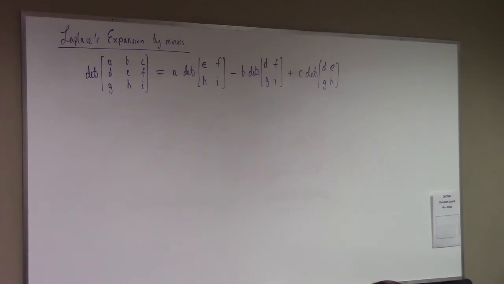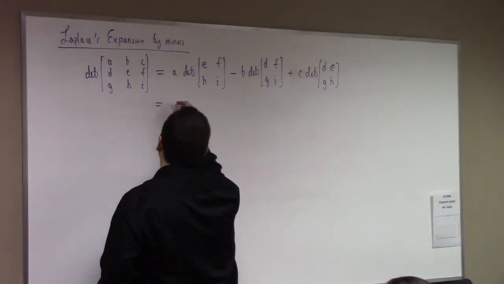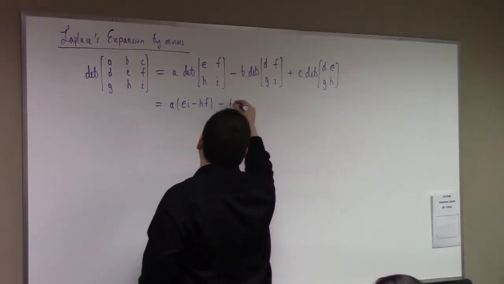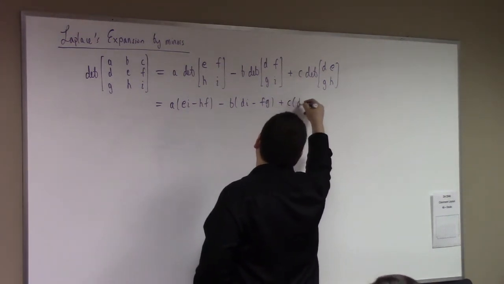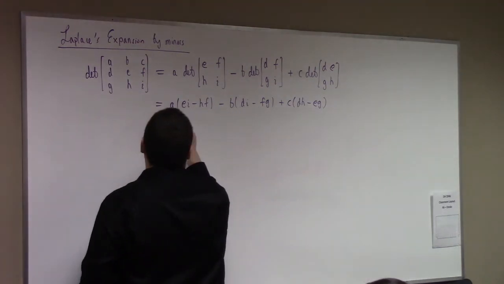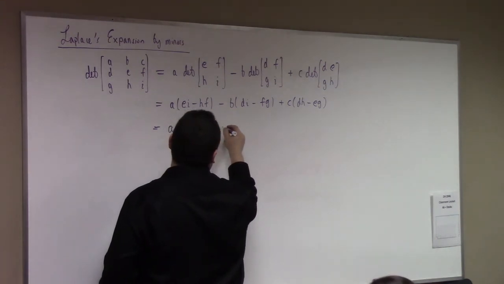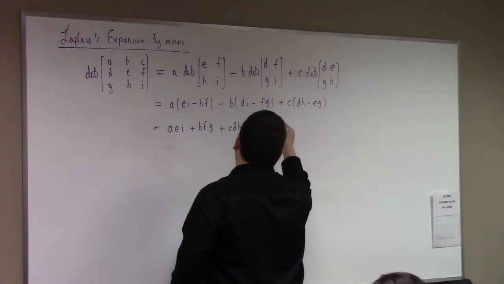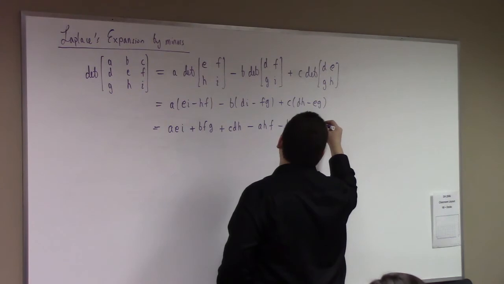So we can finish this here. This is really A times (EI minus HF) minus B times (DI minus FG) plus C times (DH minus EG), which if you look at it is AEI plus BFG plus CDH minus AHF minus BDI minus CEG.